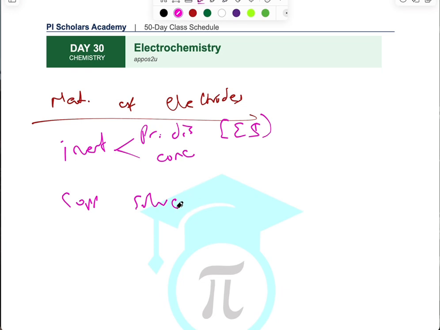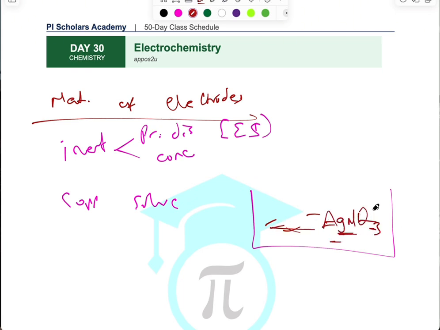And so what is going to happen is that in the process, if you are doing the electrolysis of, let's say, a particular salt, let's say the salt is aqueous silver nitrate, and your electrodes are also made of silver.